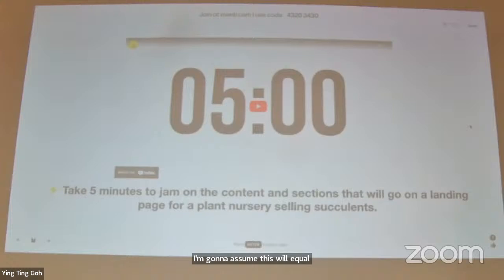So one is maybe a section where you have a do's and don'ts of taking care of succulents as a plant. I think that's a really lovely idea as well.